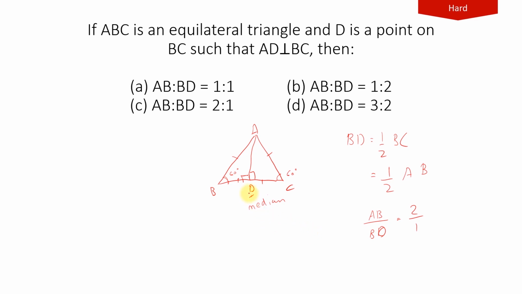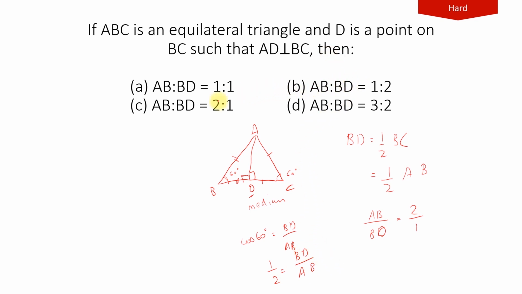We want to find the ratio of two sides. The ratio of BD to AB is cos of 60 degrees. So cos 60 is BD by AB. And if you know simple trigonometry, the value of cos 60 is 1 by 2. So you can easily find this ratio of AB by BD to be 2:1.